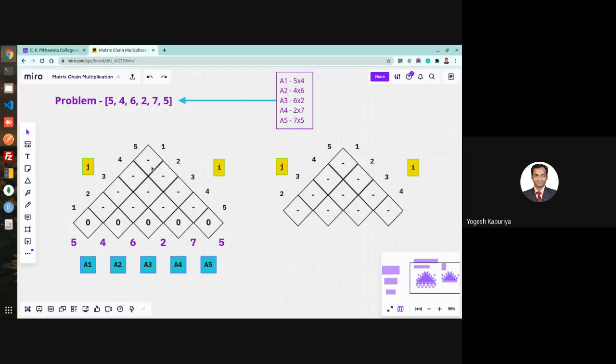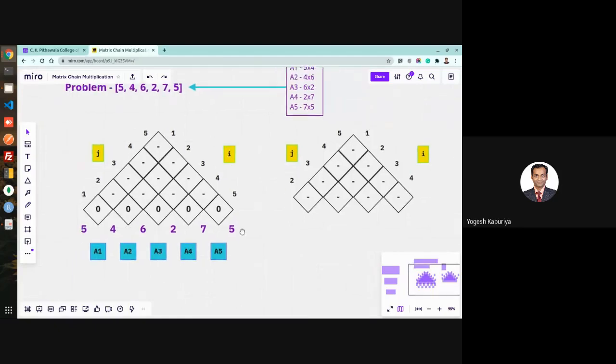I is equal to 2 and j is equal to 2, I is equal to 3 and j is equal to 3. That means when your I is equal to j, the result is 0. So that is the base condition which is required for any dynamic programming algorithm.